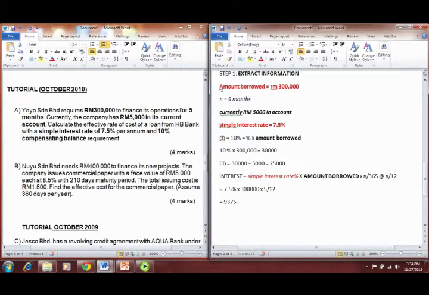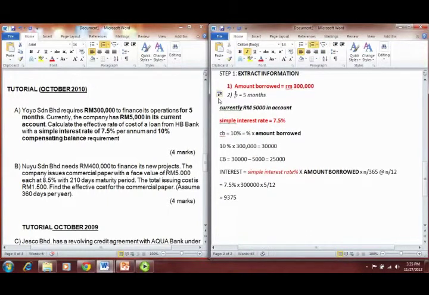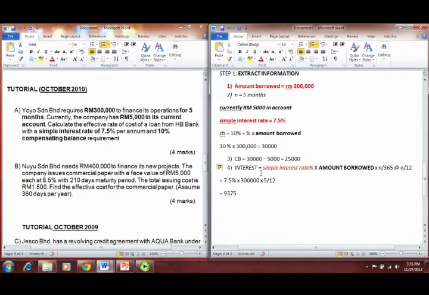Alright, class. Remember, first you need to know your amount borrowed. What type of information do you need? First, you need to know your amount borrowed. Second, you need to know your N. Thirdly, you need to know your CB. Lastly, you need to know your interest.